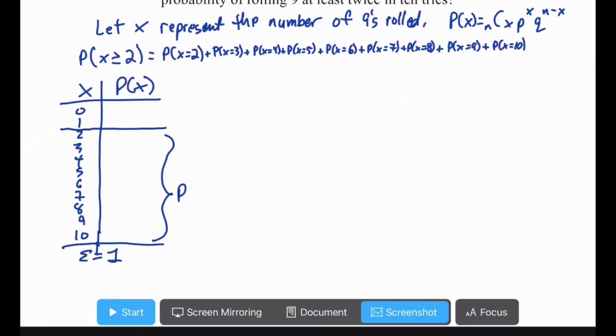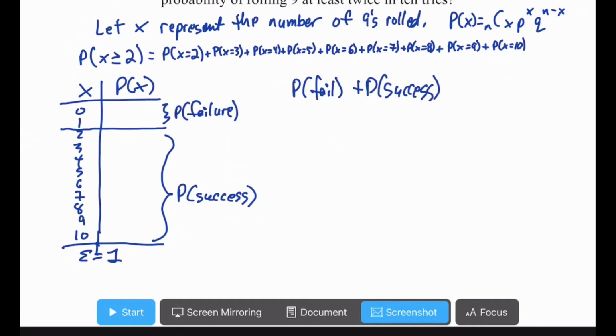So let's call that probability of success. And this chunk right here is my probability of failure. And I know these probabilities add up, so the probability of failing plus the probability of succeeding is 100% or 1. And so instead of calculating this whole chunk here, maybe I can just calculate this chunk here and then find the difference.